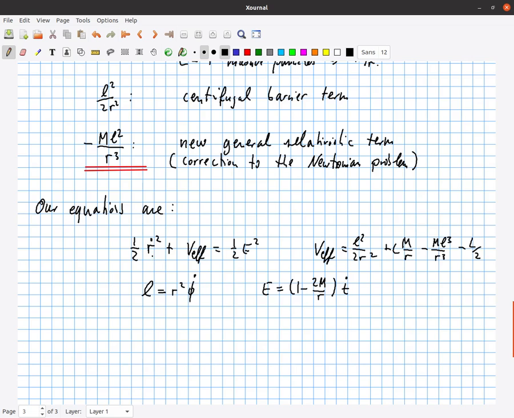However, using the chain rule, we can convert with these 2 equations dr d lambda to dr d phi using this equation, or dr dt using that equation. And it is those equations that generally help us to understand the geodesics in some concrete situations. And this is exactly what we will do in the next sessions.